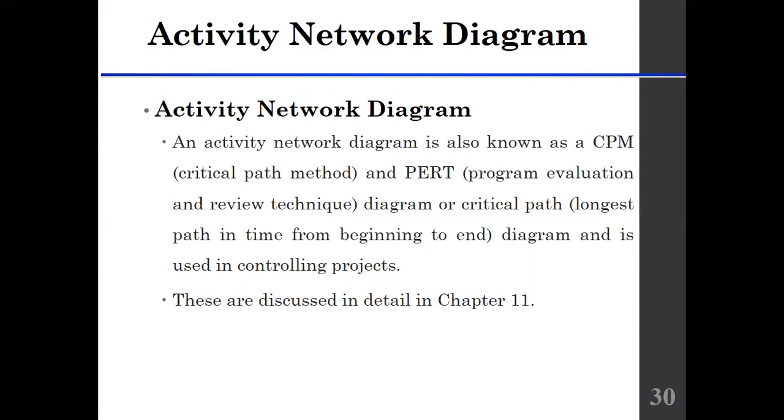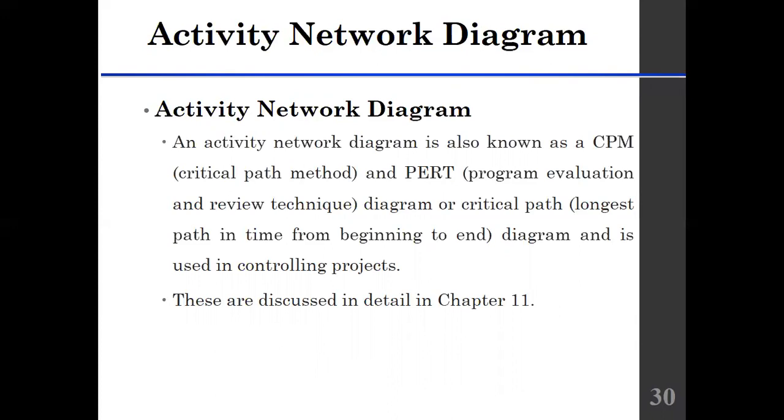Then we can use the PERT, that is Program Evaluation and Review Technique, or the CPM, or the critical path method, in order to identify the longest path within that particular project. Because when we draw a network diagram, we will see that there can be 3 or 4 or 5 or 6 or 7 paths based on the size of the project.